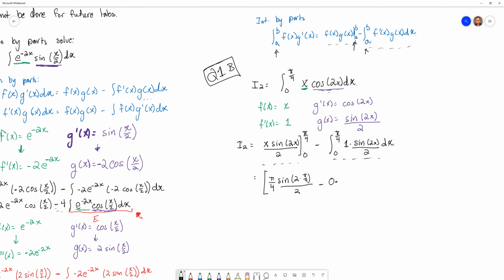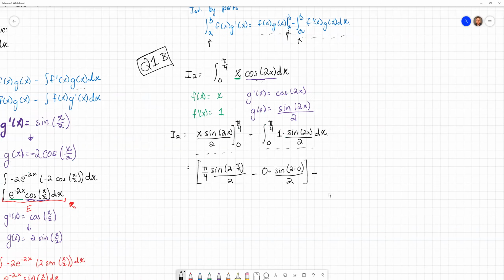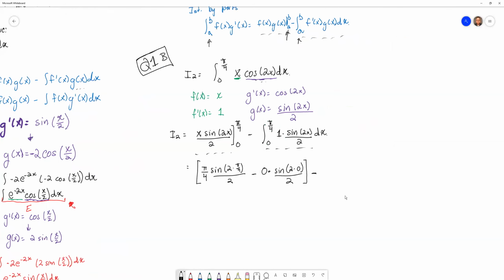So 0 times sine of 2 times 0 over 2. So that is the first term here. Minus, move this over a little bit, minus the integral of sine 2x over 2. What I'm actually going to do is move this half out, 1 over 2, 0 to pi by 4, and so this is just sine of 2x dx.